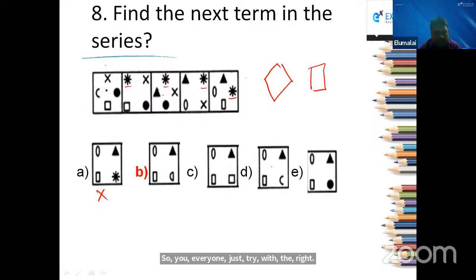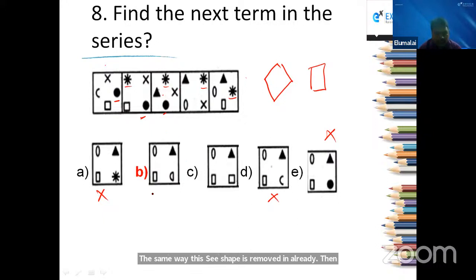Then if you see here, these shaded circles are already removed, isn't it? So removed objects will not appear again. So based on that, you could have eliminated this one. The same way, this C shape is removed already, then that cannot be in the next figure, right?